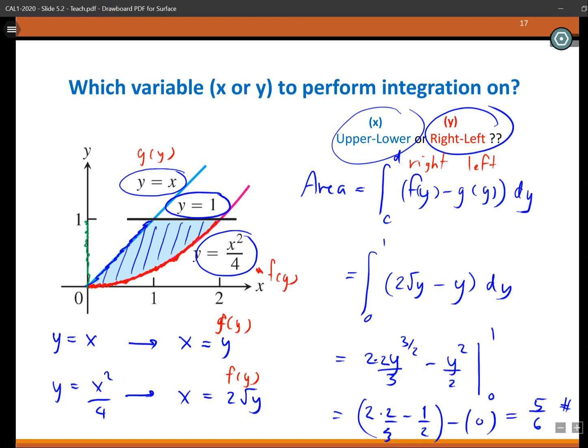But then on the upper part, you have two of them. One line right here and one line right here. So if you worked on the x variable, upper and lower, you need to work on two integrations. So in this case, I recommend you use the y variable to find the area. And this is the end of this lecture.